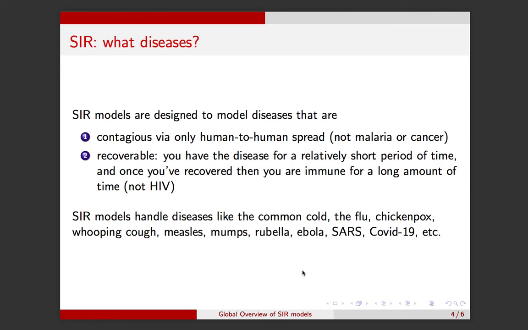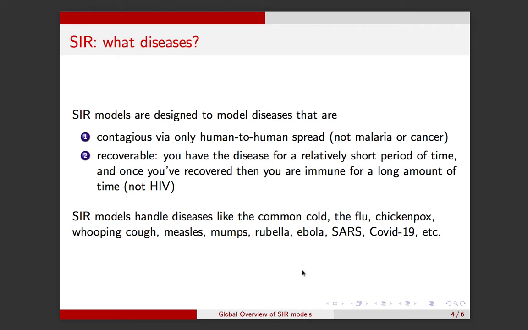So these models are meant to model the spread of disease, but not any disease. There are lots of different diseases out there. Some of them do not spread in any meaningful sense. So SIR models, what are they designed to do? They are designed to model diseases that are contagious via human-to-human contact. Something like malaria is perhaps contagious in some sense, but it's spread through mosquitoes. And certainly not cancer, which is not contagious at all, as far as I'm aware.